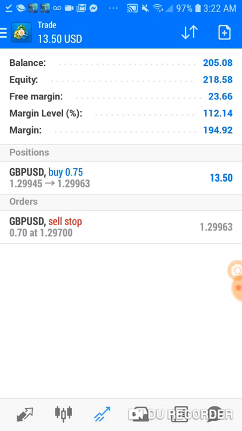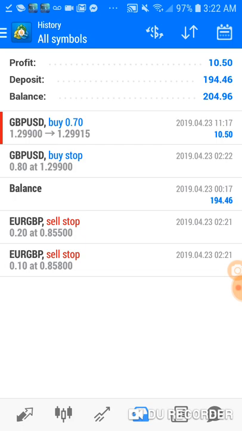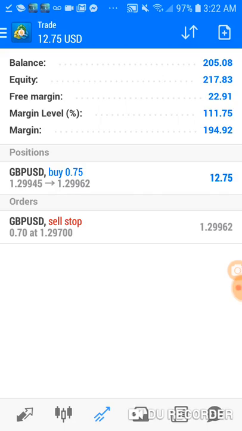So right now we have clocked $10.50 already, and we have another 15 that we're holding up here. We haven't set our take profit yet. I mean, we haven't set our stop loss yet.